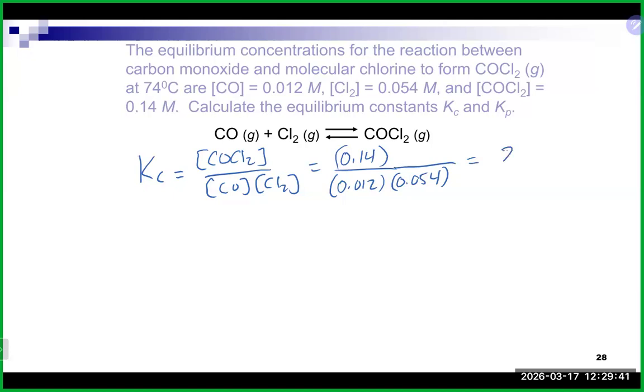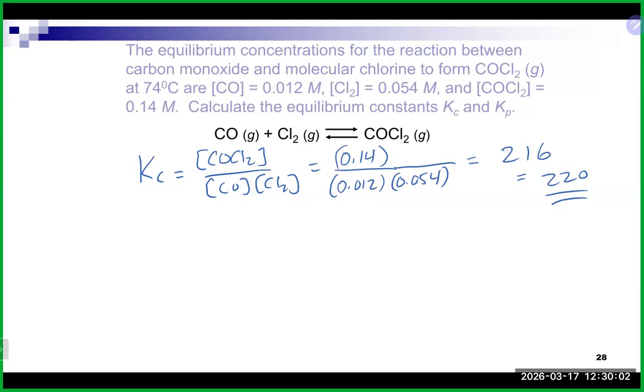If you do all that on your calculator, you get something like 216. I don't know if you still care about sig figs at this point. Maybe 220 on the sig figs, whichever way you're going with that. But you do get something like that as our Kc value.